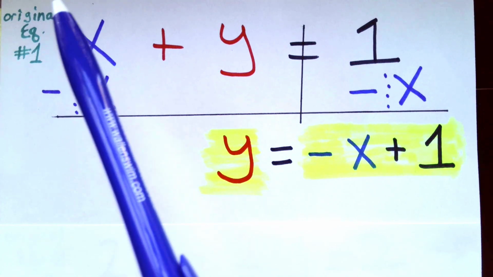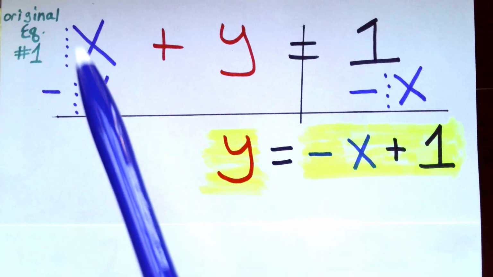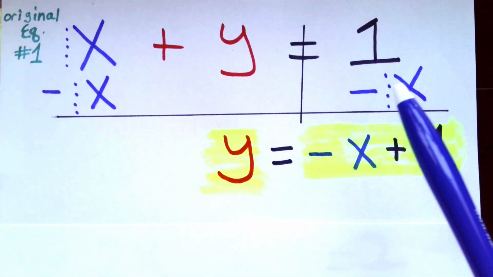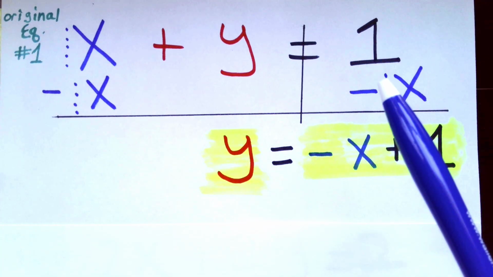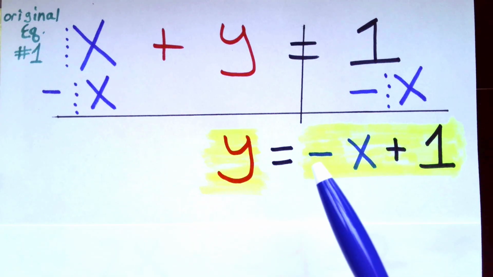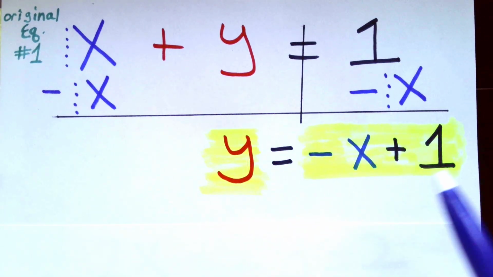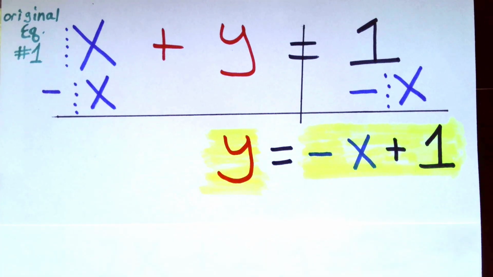I get 0 x's on the left side of the equal sign. But what I do to the left side of the equal sign, I've got to do to the right side. And since 1 and a negative 1x are not like terms, I can only rewrite the negative x plus the positive 1 in algebraic order. So y equals negative x plus 1. What do we do next?